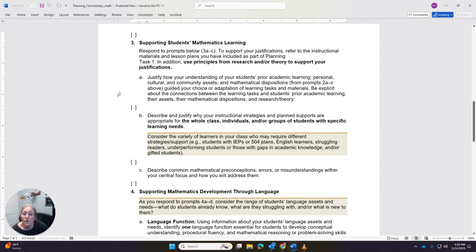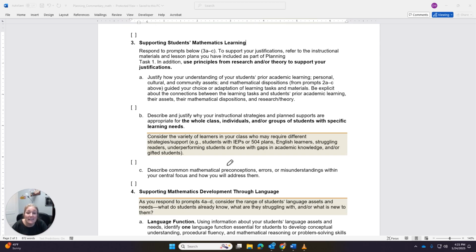Right. So in prompt 3A, we're justifying what we're teaching based on the students' prior academic, personal, cultural assets. Okay. So that means that we're talking about what we said we know about the students in prompt 2, and we are directly giving examples from the lesson plans.